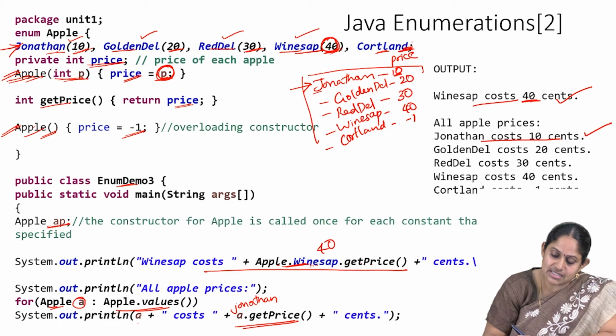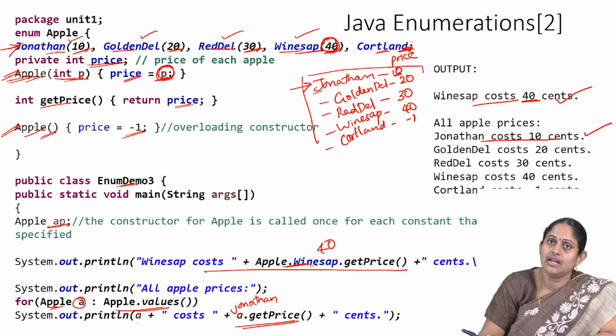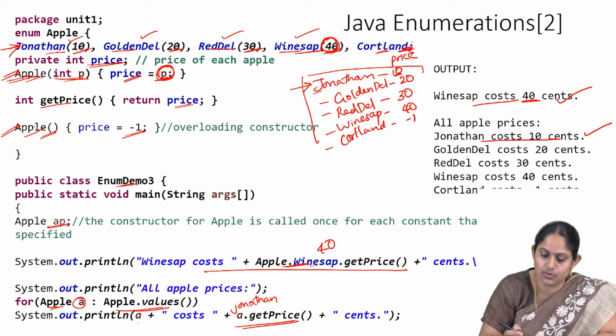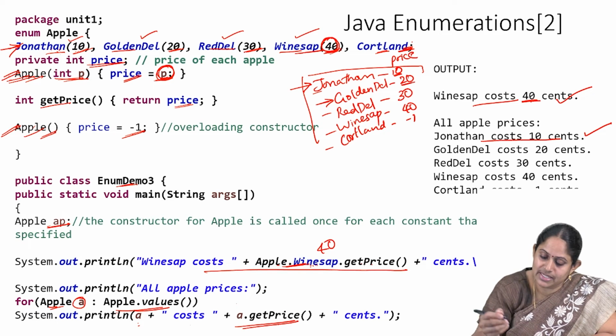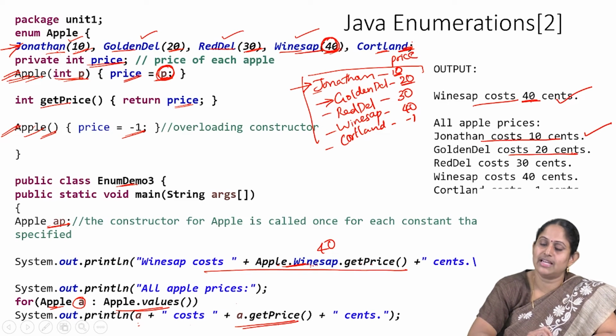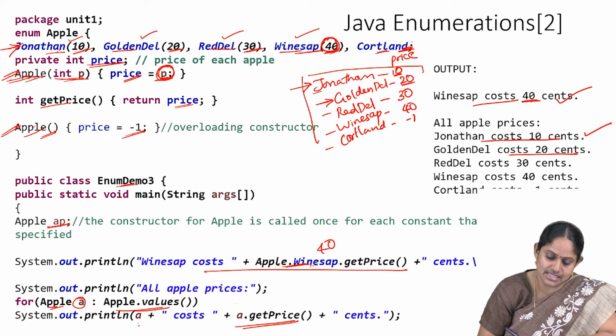Next, A will move to the next value of that array, which is Goldendale. Goldendale dot getPrice will return 20. So we get the output Goldendale costs 20 cents.